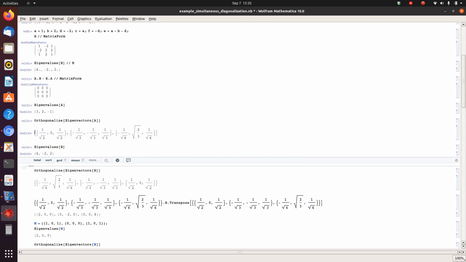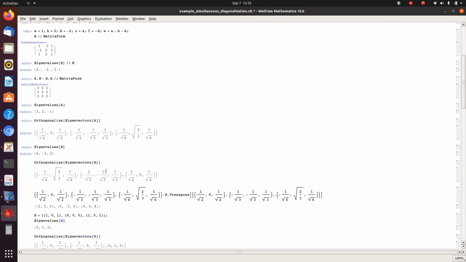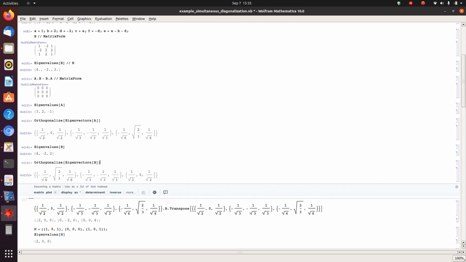If I construct a similarity transformation S made of these vectors, then S dagger B S must diagonalize B, that is what this theorem suggests, and let me check if that happens. Let me take the eigenvectors of B also similarly. The first thing you notice is that the eigenvectors of A and B are the same. So, this theorem is already proven at this point.